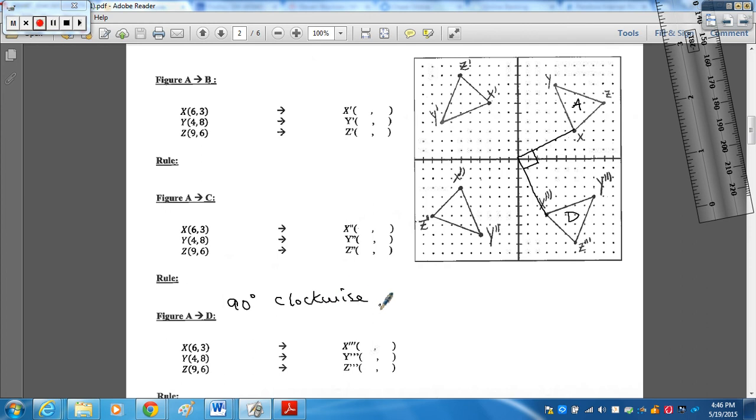Or, as we already mentioned, if this is 90 degrees, then this portion over here has to be 270 to make 360. So we could also say 270 degrees counterclockwise.